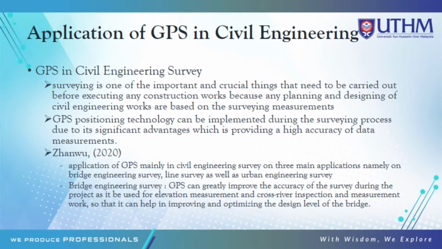GPS can greatly improve the accuracy of the survey during the project, as it can be used for elevation measurement and cross-river inspection and measurement work, so that it can help in improving and optimizing the design level of the bridge.